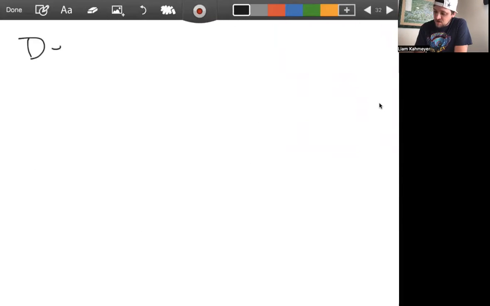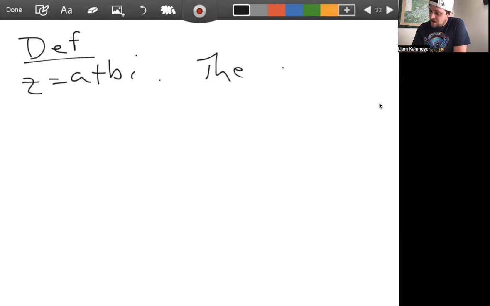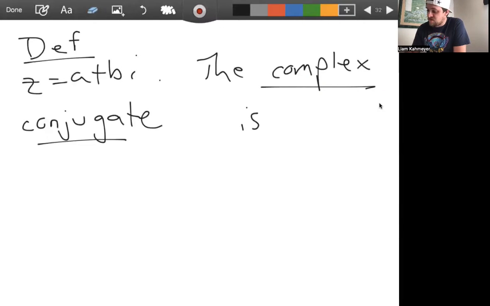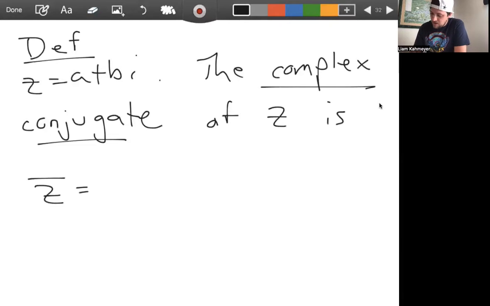So let's give a definition here. Let's say Z equals A plus BI is some complex number. Then the complex conjugate of Z is defined to be Z bar equals A minus BI.